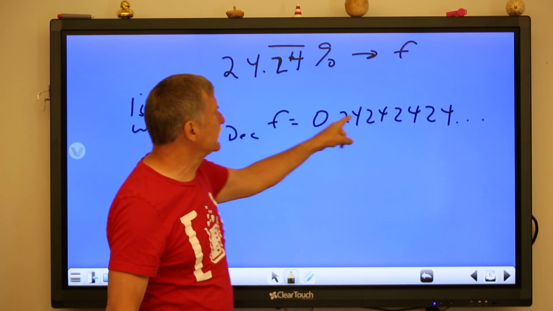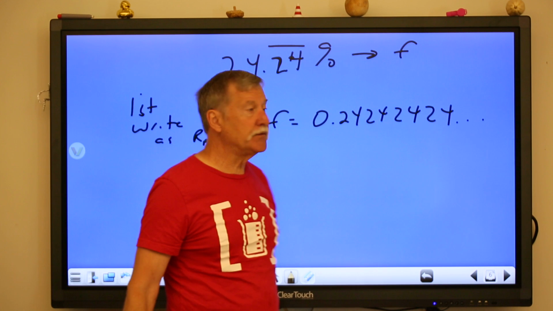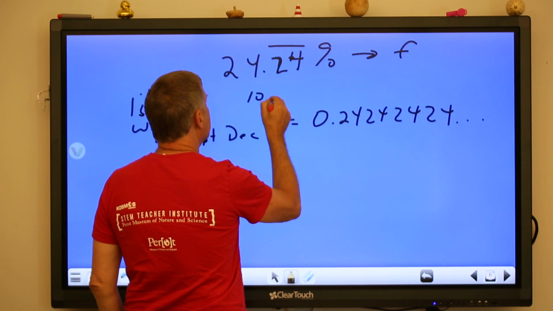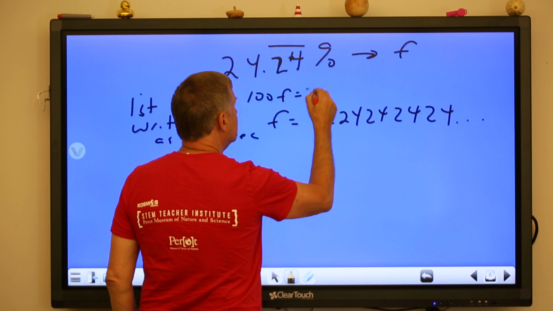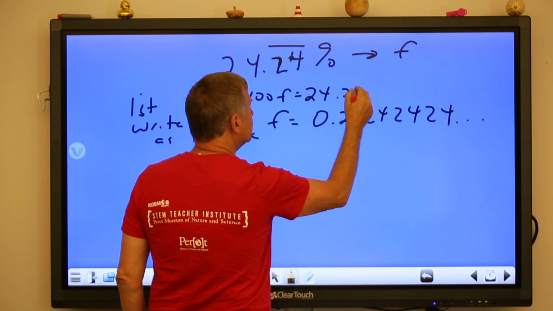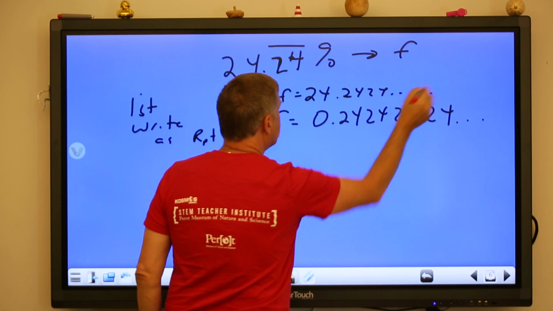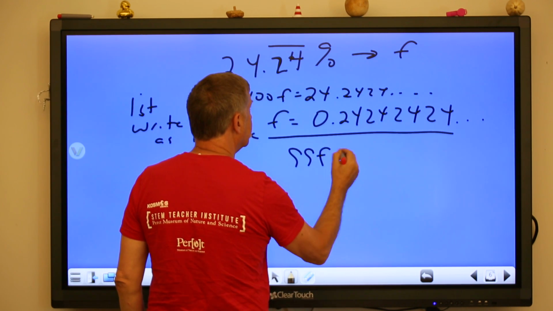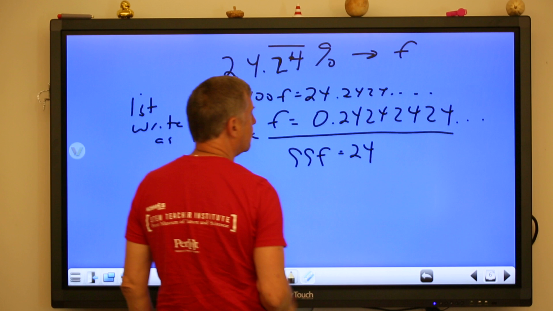So the fraction 0.2424242424 and so forth. There are two repeating digits, so 100f equals 24.2424 and so on. Do the subtraction, 99f equals 24.